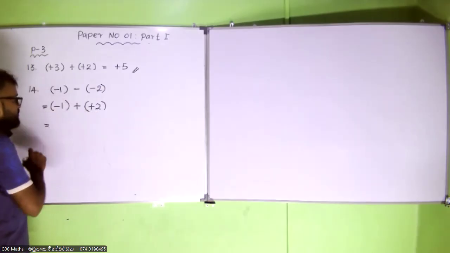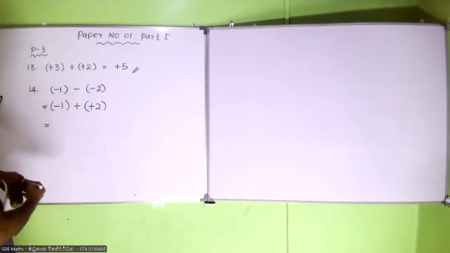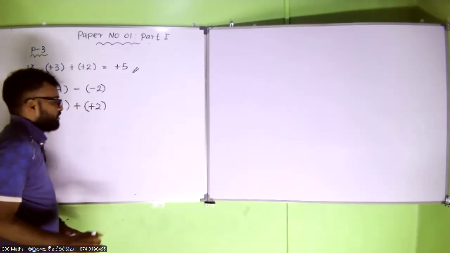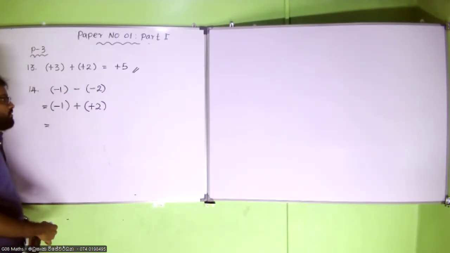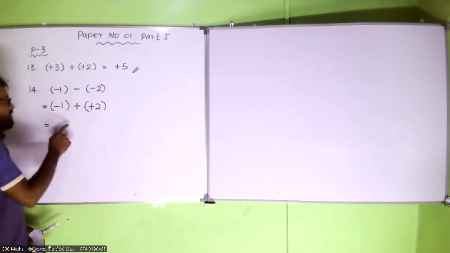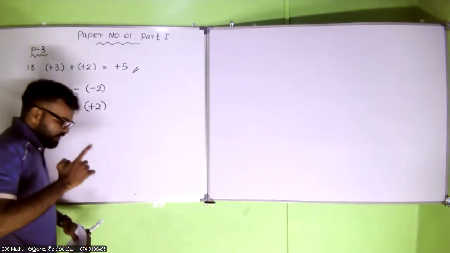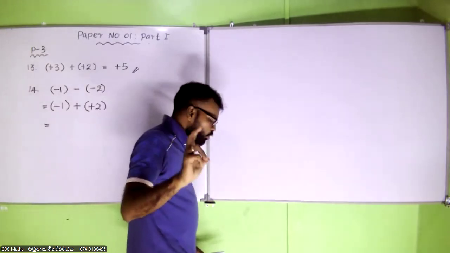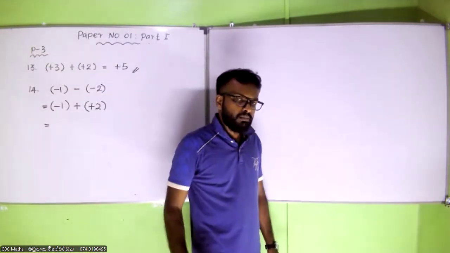We know how to do this. We know how to add two directed numbers. Are they the same sign or different signs? Different signs. Negative and positive. So this is -1, this is positive 2. When we have two different signs, how are we going to add the two directed numbers?